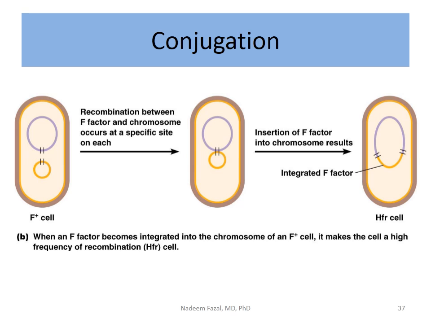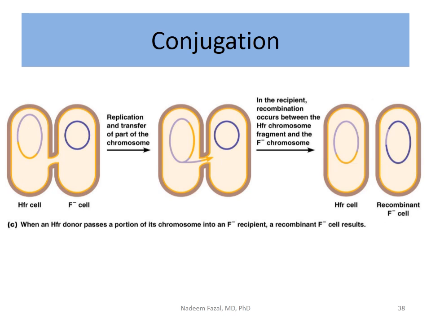When there is an insertion of the F factor into the chromosome, we come up with the integrated F factor, and this particular cell is called an HFR, high frequency recombination cell. And again, the same information is passed via conjugation for bacterial resistance. Okay, so these are 2 ways.